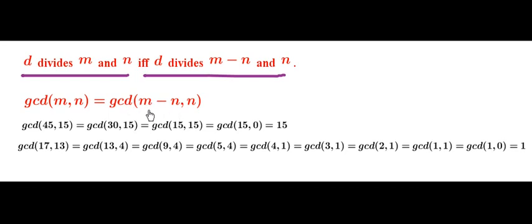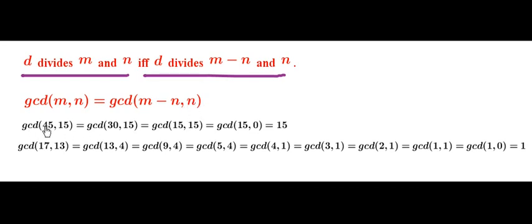Now there are two possibilities. The first possibility is m is a multiple of n. If m is a multiple of n, then after this repeated subtraction, at some point m will become n, and then that n will be our answer.